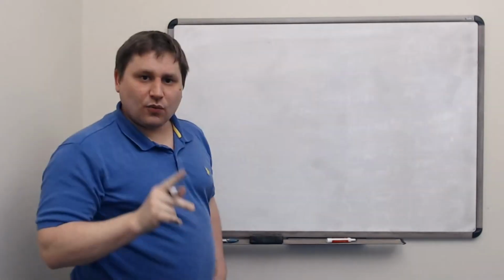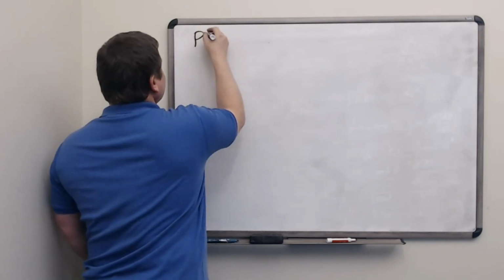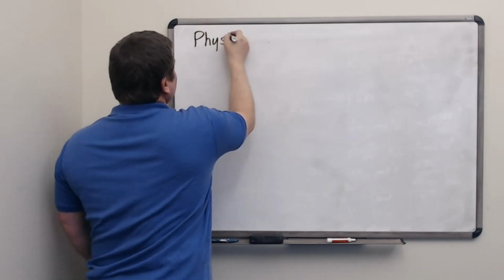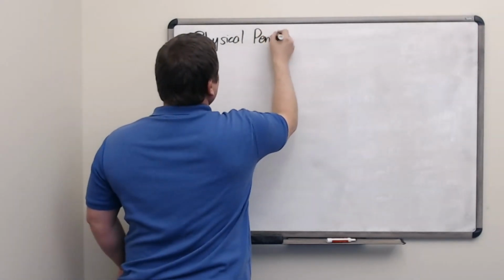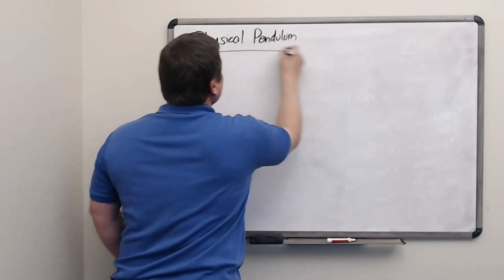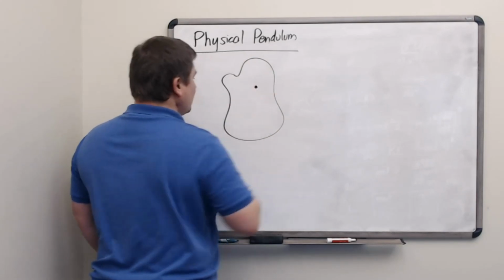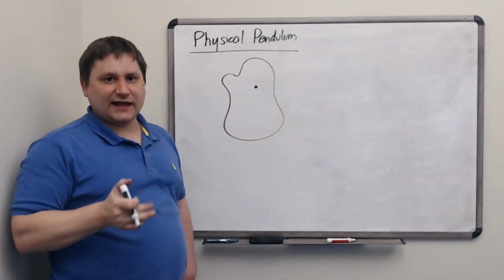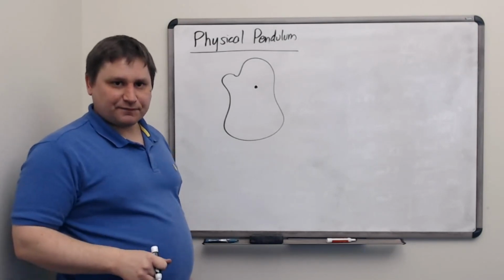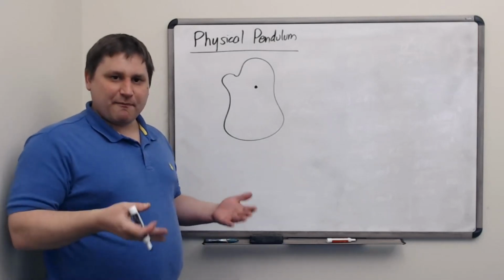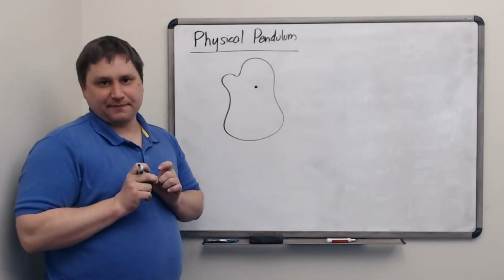All right, let's do one more example that uses this idea of energies to calculate the frequency and period. This is a similar kind of pendulum to the last ideal pendulum, but this is called the physical pendulum. The previous pendulum involves a massless string which has a point object at the bottom.